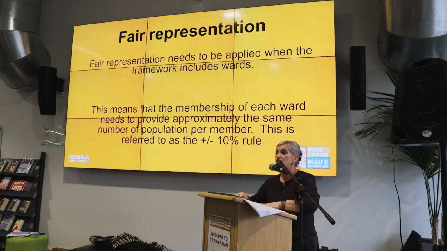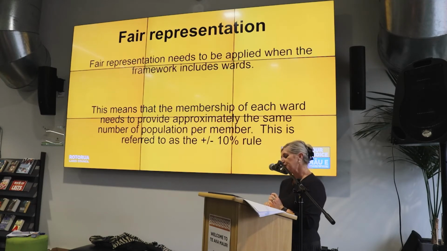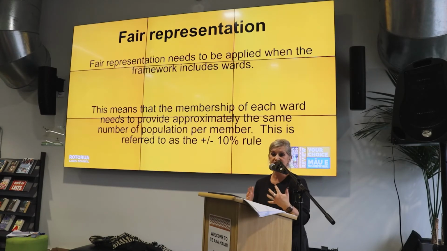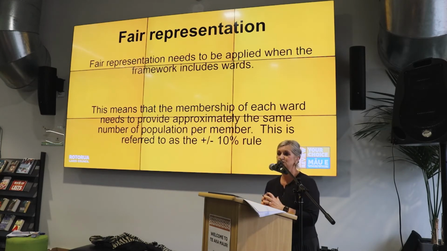And there's a bit of a rule of thumb to test whether the system is fair, and that's having a look at a population and how we divide that up against the number of electors is around this plus or minus 10%. So say we had 10 councillors at the table and we were wanting to ensure that we have got fair representation.